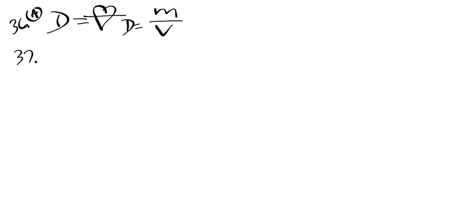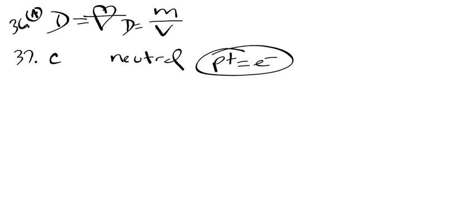Number 37, all atoms are, well, which one holds true here? The key one is going to be C. They are neutral, and the reason is they have the same number of protons equaling electrons, and the key here is going to be, because they're equal, because they're neutral, they're called atoms and not ions. That's the difference.